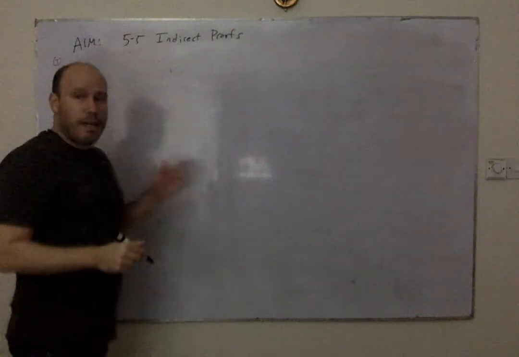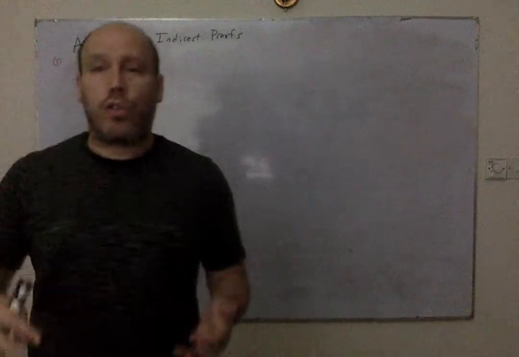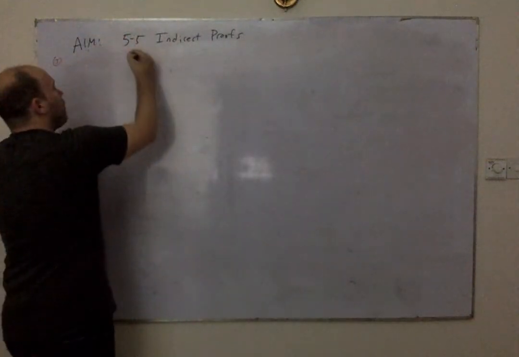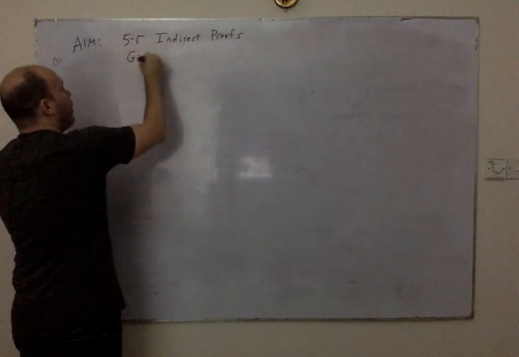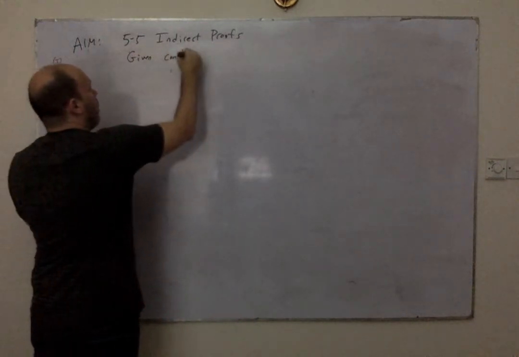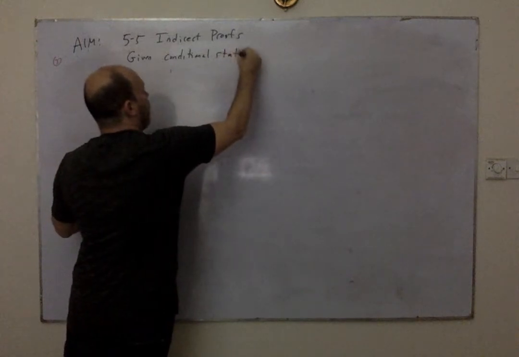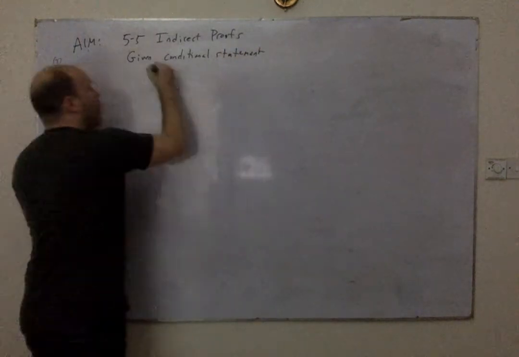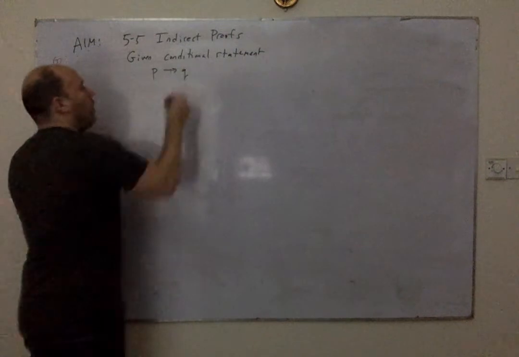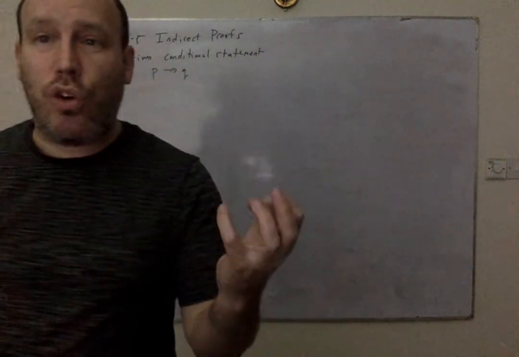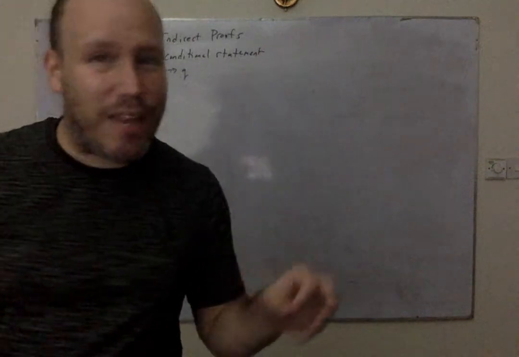And the idea here, it's another way of proving something. So you're given a conditional statement. What you're going to do then is you're going to take that Q and assume the negative is true.